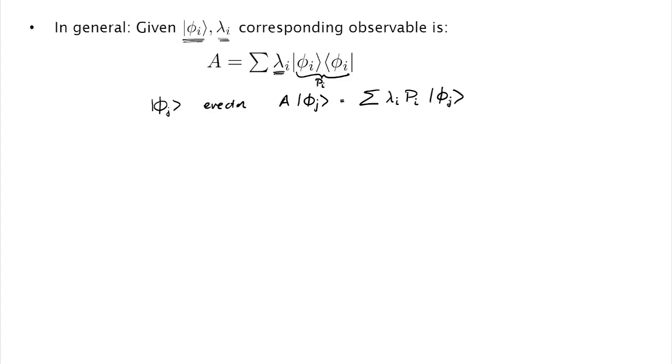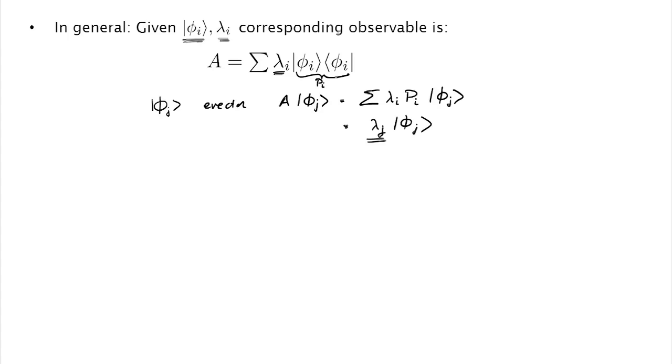But since phi sub j is orthogonal to each of the phi sub i's, its projection onto those is exactly 0. And so the only non-zero projection is the one onto phi sub j. And so you get lambda sub j times phi sub j. And so it's an eigenvector with eigenvalue exactly lambda sub j. And now, since each of these projectors is a Hermitian matrix, and the sum of Hermitian matrices is Hermitian, we got the right observable.